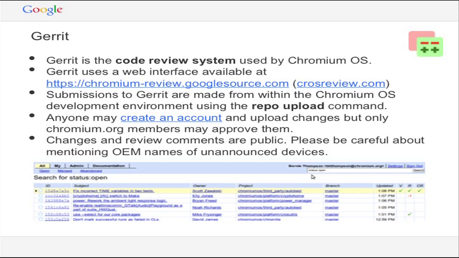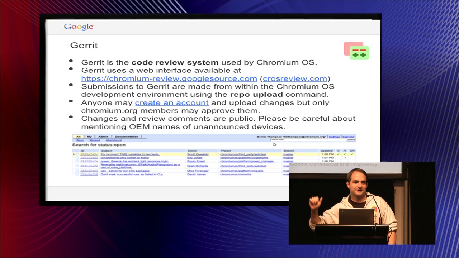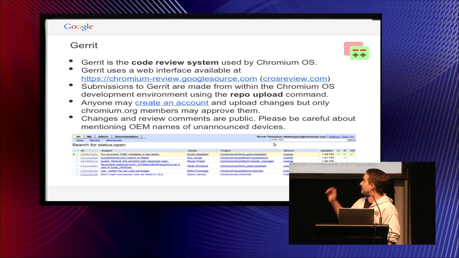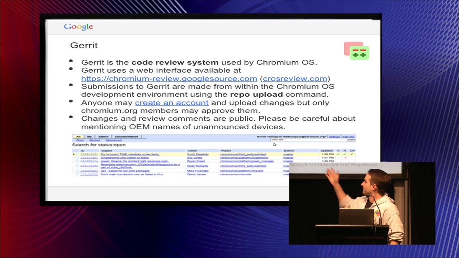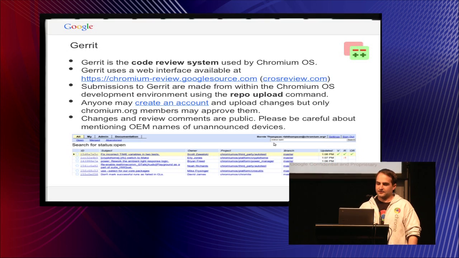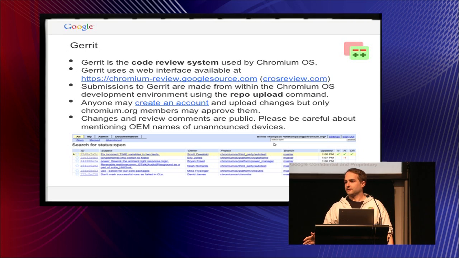So how many people here have used gerrit before? Okay, a few. Good, good. Don't be scared of it. It's just a website. And basically what will happen is after you've made up a change, got it all prepared in Git, you use repo upload, and it will show up on this site here. The link's right there. This is actually the public side. Anybody can create an account on it, and anybody can put a change up on it.